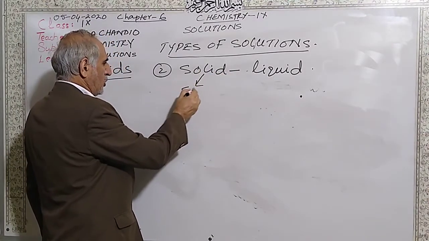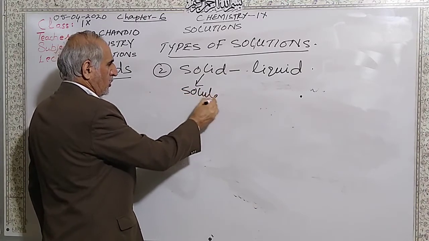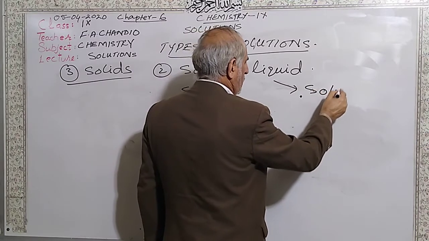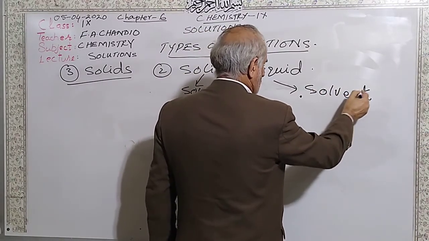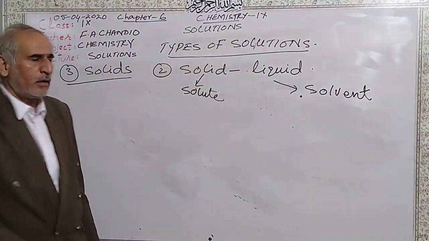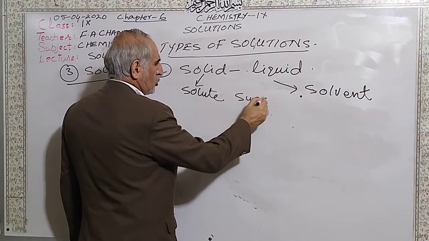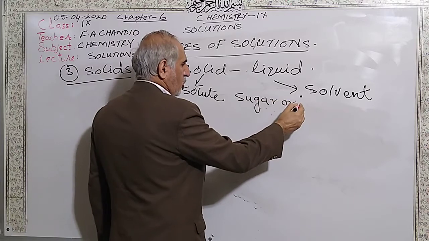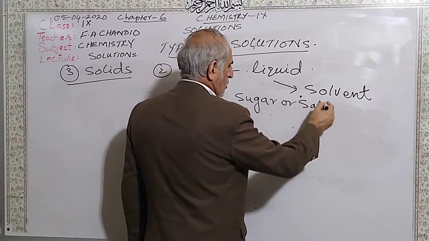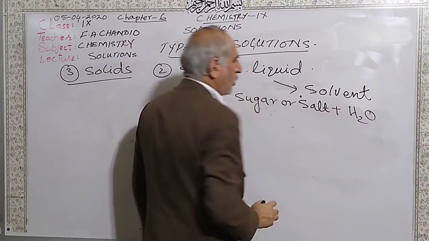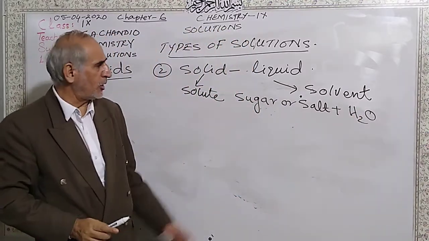Again, solid is a solute and liquid is a solvent. A very common example: sugar or salt plus water to make a solution.